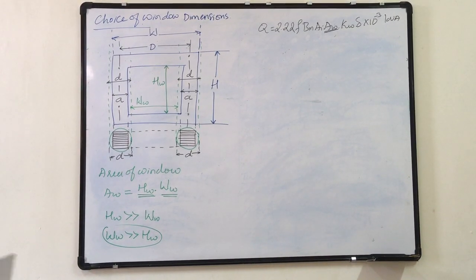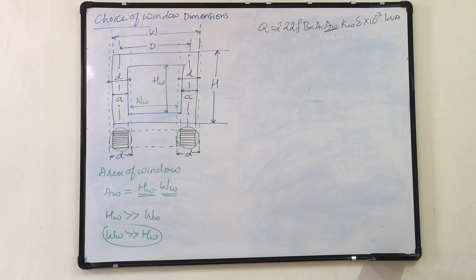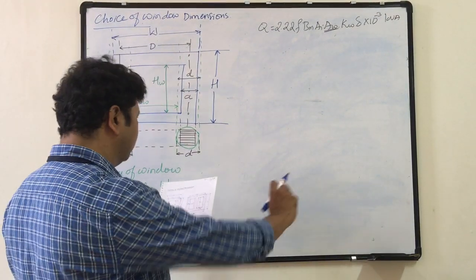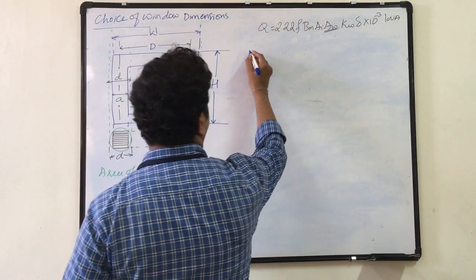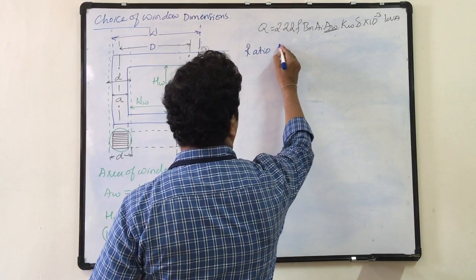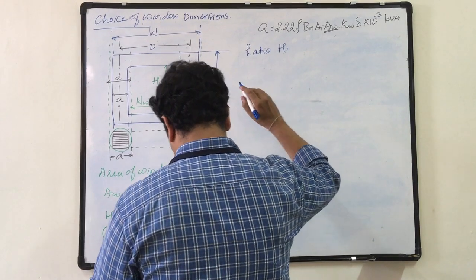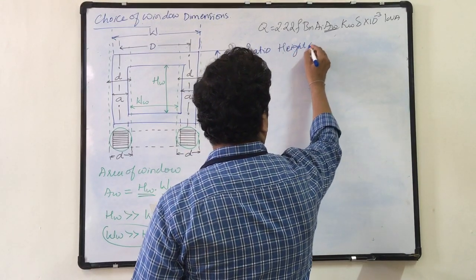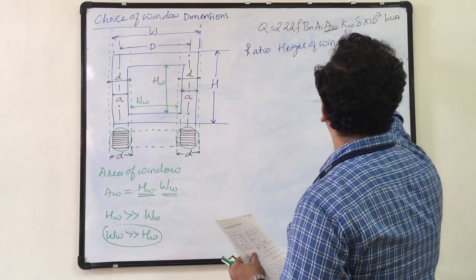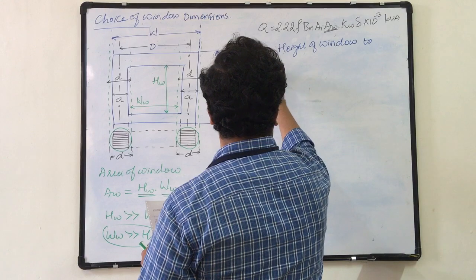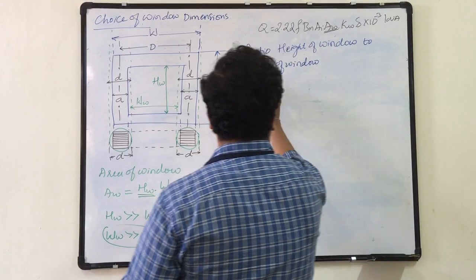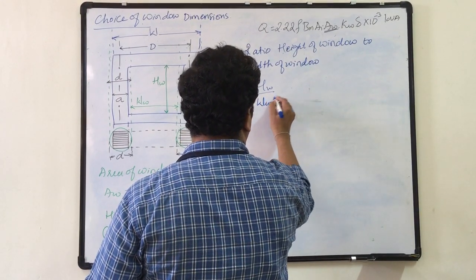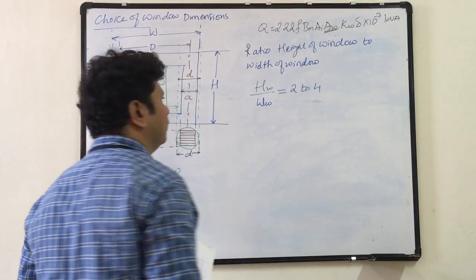With respect to leakage reactance and with respect to cooling, I will establish a relation such that the ratio of height of window to width of window, that is HW to WW, is equal to 2 to 4.